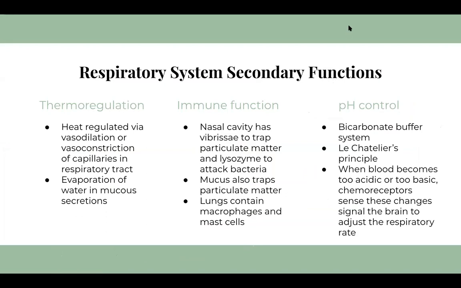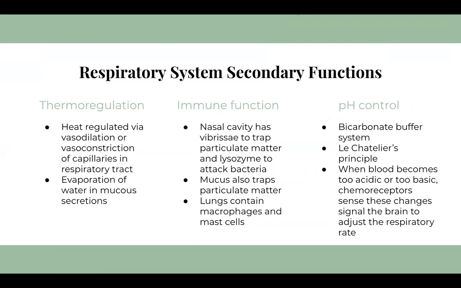I have a question. Yeah, go ahead. How does the constriction or dilation of blood vessels, how does the respiratory system affect that? This is not specific to the respiratory system. It's relevant to any blood vessels. How constriction or dilation regulates temperature is that when you dilate blood vessels, it carries more blood to your peripheries.